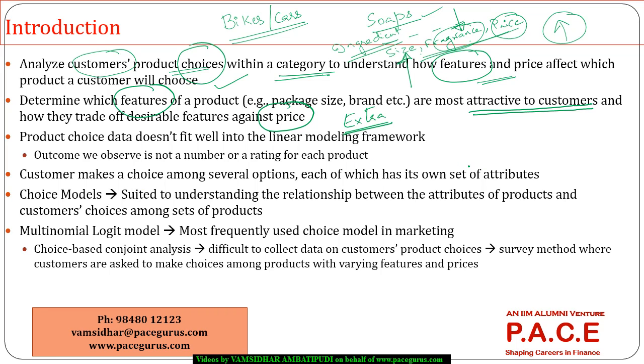And because it's a complicated linkage, we can't use a linear model. I cannot typically take each feature as a variable and fit a linear model based on each of the features. That's a very preliminary way of analyzing the various features. The outcome we are observing here is not a number, so I cannot directly fit a linear model.